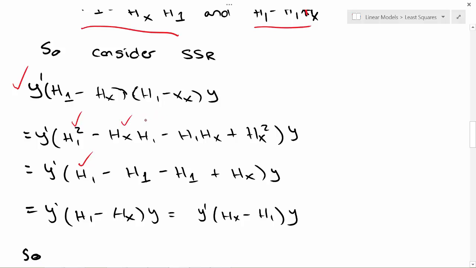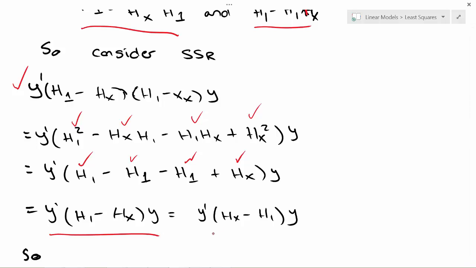I get Hx times H1, but using the identity above, that's just H1. I get H1 times Hx, which again, using the identity above, is just H1, and Hx squared, which again, because Hx is symmetric and idempotent, just gives Hx. Putting that all together, I get that it equals y transpose (Hx minus H1) y.